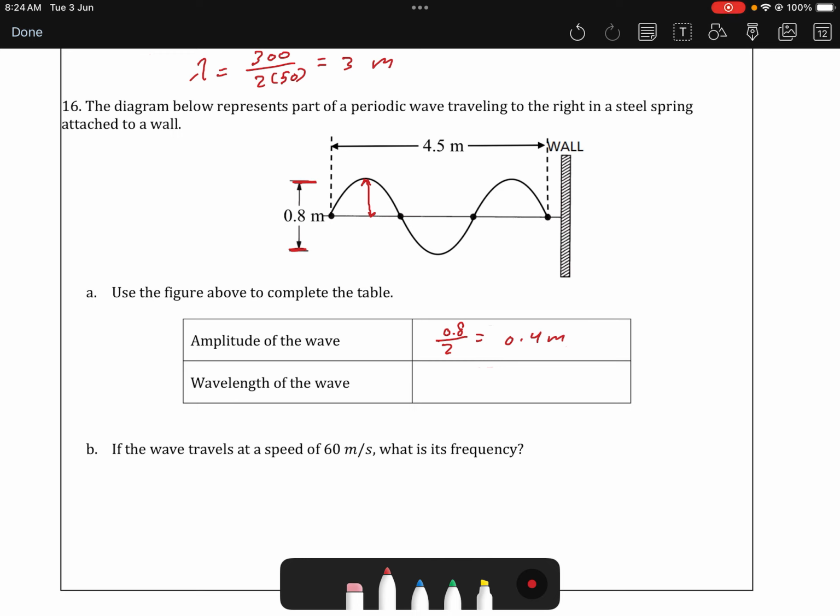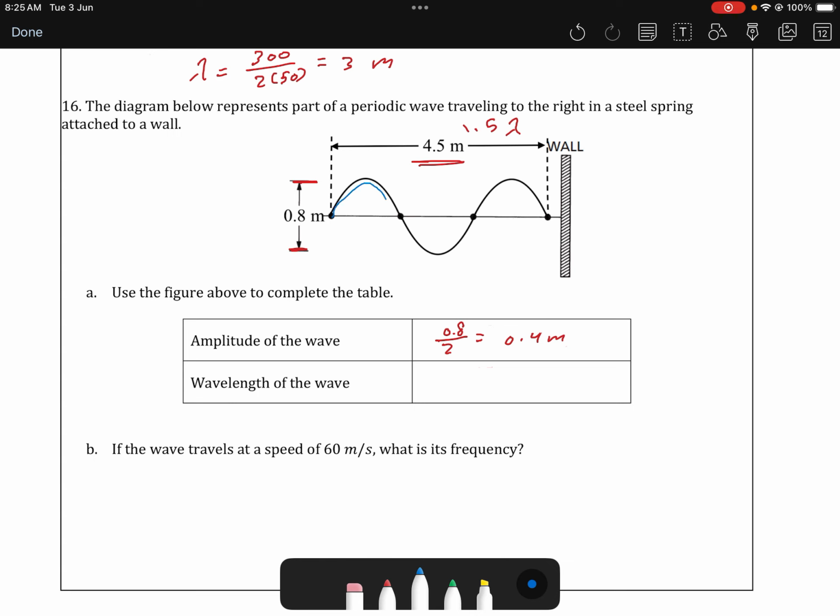What is the wavelength of the wave? Now, from this point to this point, it's one wavelength. And this is a half wavelength. So this 4.5 is 1.5 wavelength. Let's give it a different color.